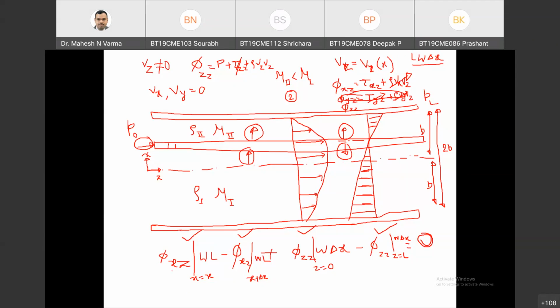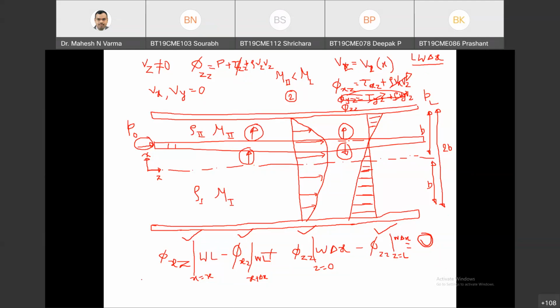Now substitute phi xz and phi zz here and rearrange the equation. The value rho vz at z equals 0 will be equal to rho vz at z equals L. Divide by L into W into delta x and take delta x tends to 0.